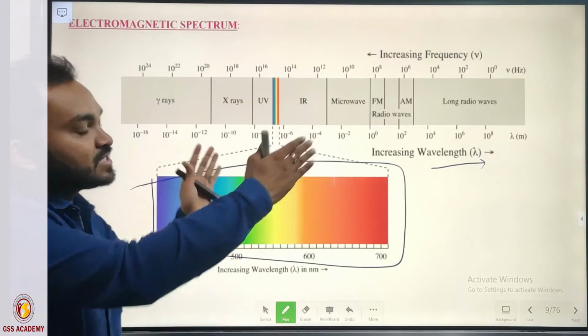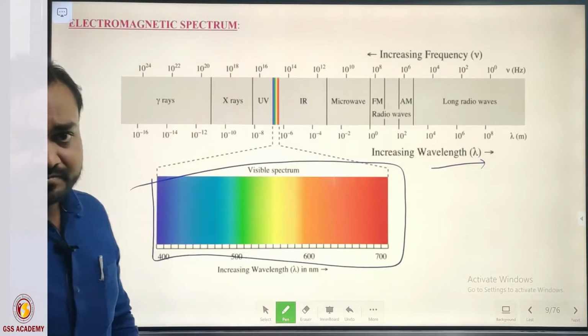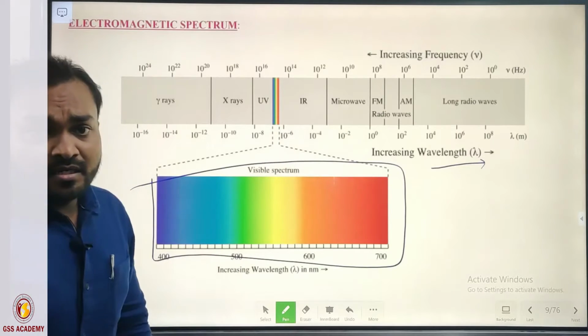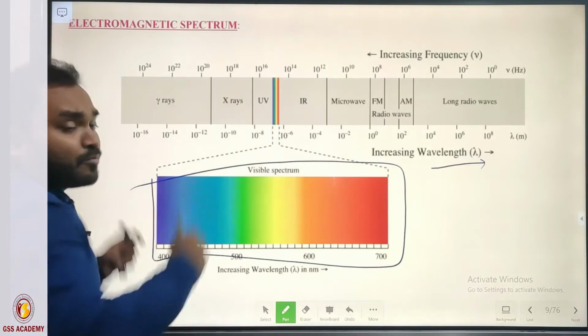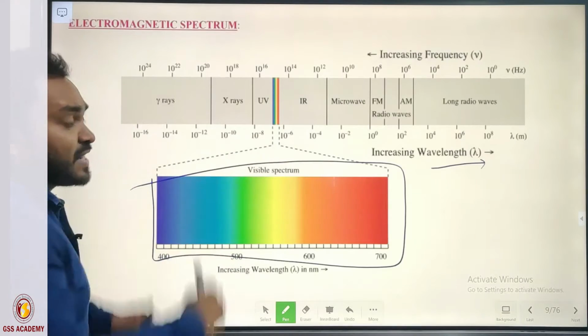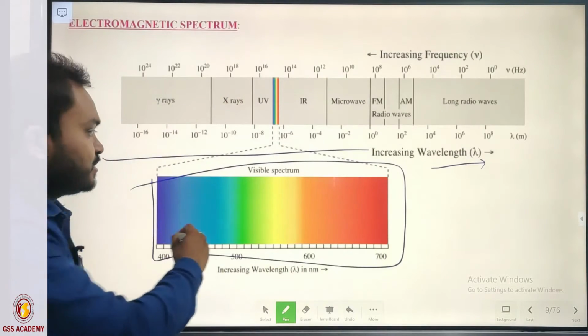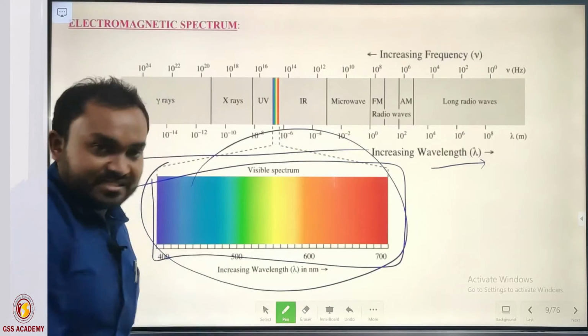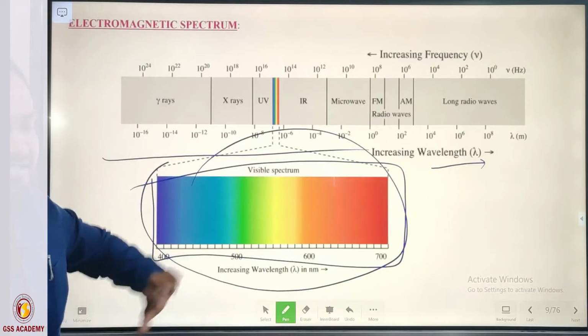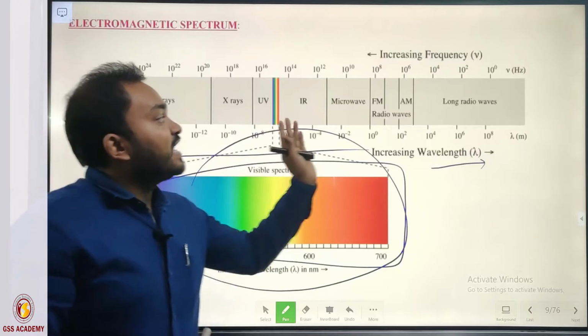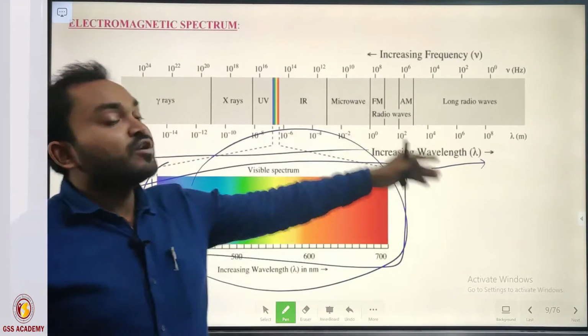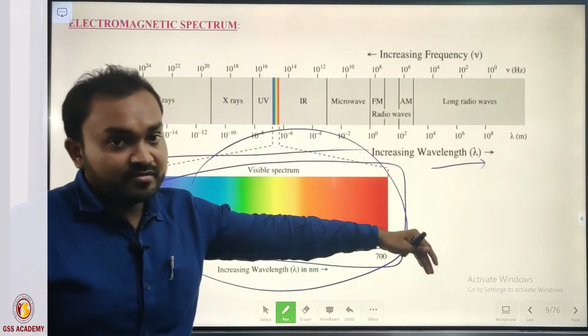So this is the spectrum of your electromagnetic wave. This is the total spectrum. Within that we basically see this range only, the visible spectrum, and beyond that there are microwaves, then radio waves.